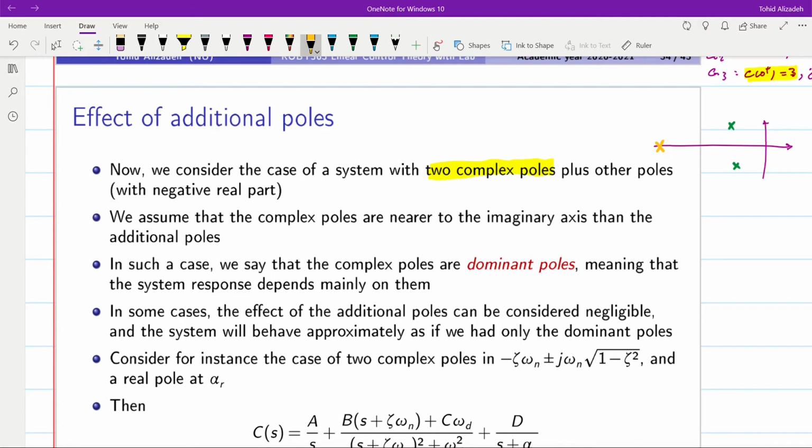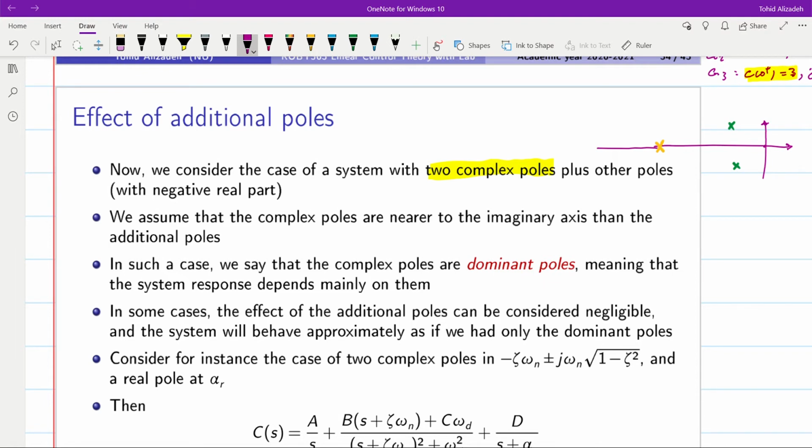Okay, so as we will see later, in different cases the single pole that we add might be closer to the origin, or it might be further from the origin with respect to the two complex poles that we have for our system. And then we will see that if the single pole which is added is far enough from the origin, then we can neglect its effect.